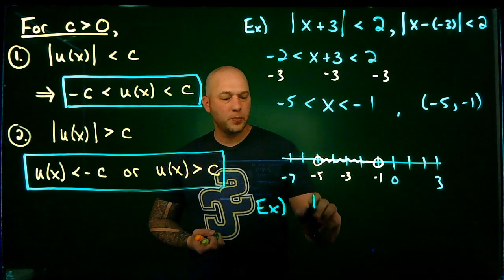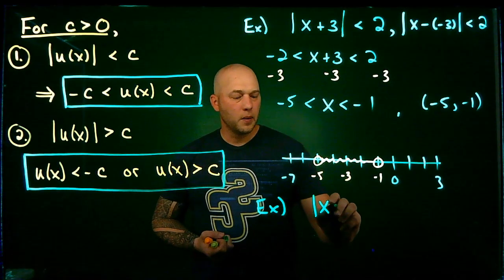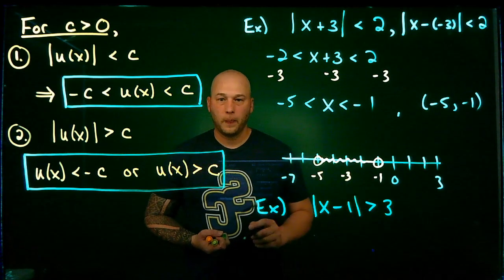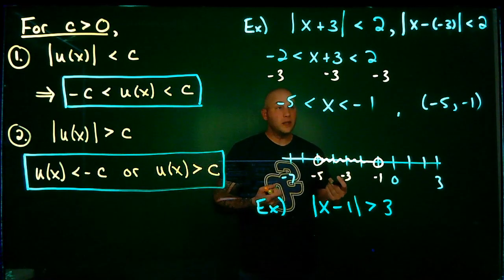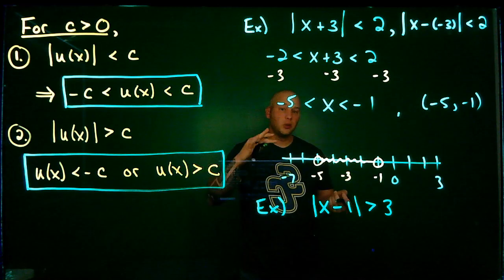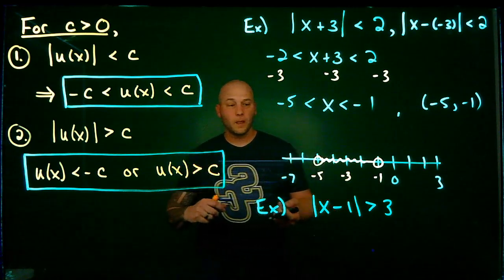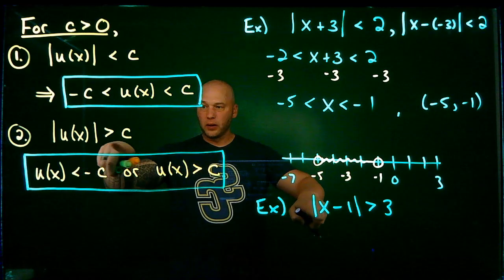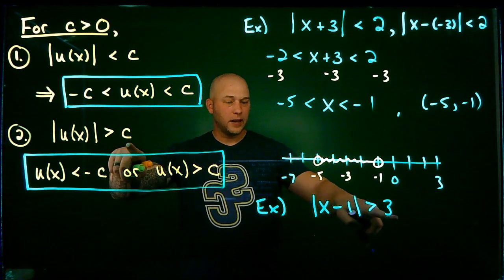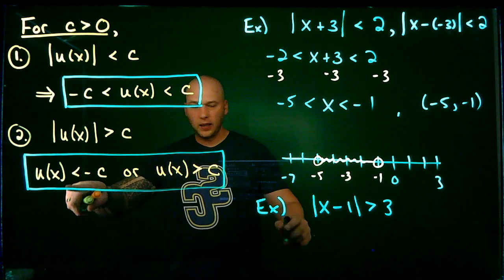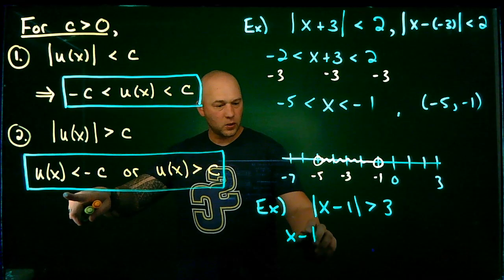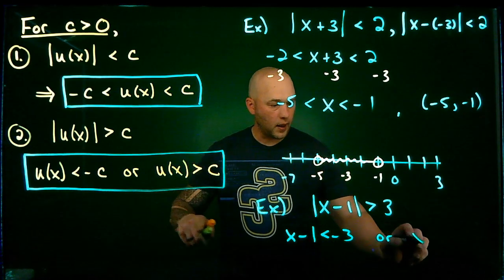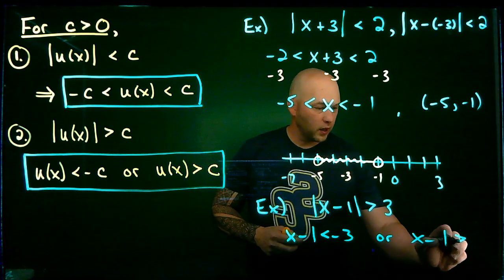Let's look at the absolute value of x minus 1 is bigger than 3. Once again, I could do this geometrically, but I'll do it algebraically. If I just match this up, I've got the absolute value bigger than a constant. And what I do is split it into x minus 1 less than negative 3, or x minus 1 is bigger than 3.